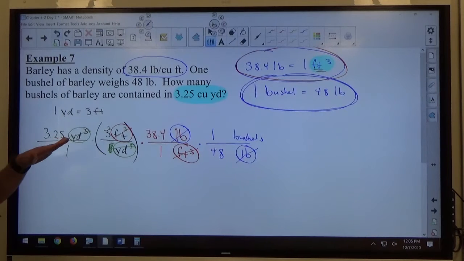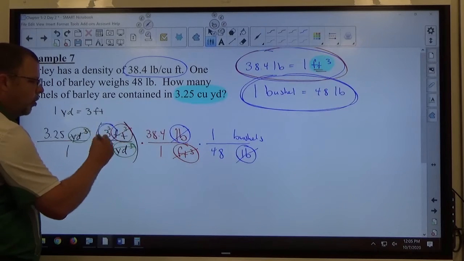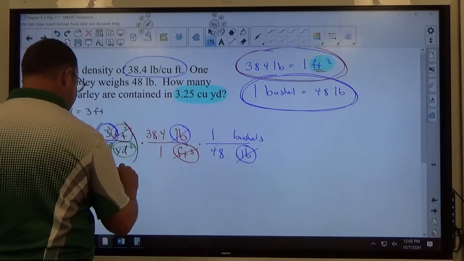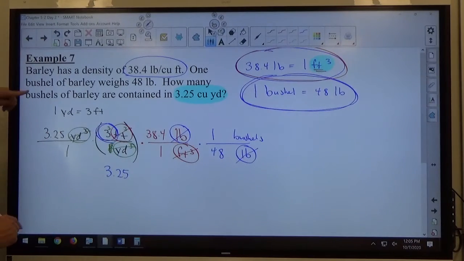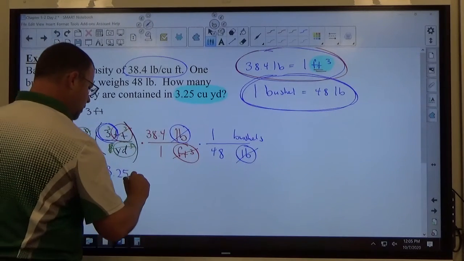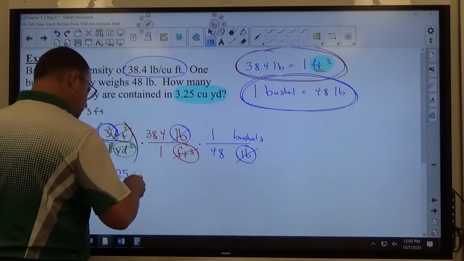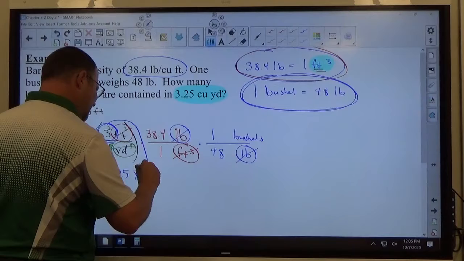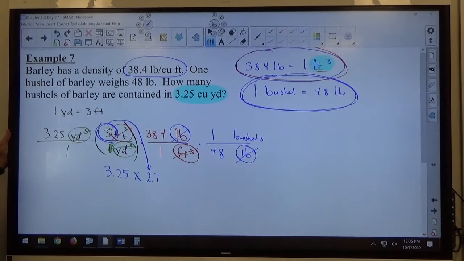Once you get everything set up, then it's just a matter of typing all this in your calculator. Again, be careful, this does say 3 cubed, not 3. So when I'm typing this out, I'm going to do 3.25 on top being multiplied by 3 cubed. 3 cubed equals 27. So 3 times 3 is 9, times 3 is 27.